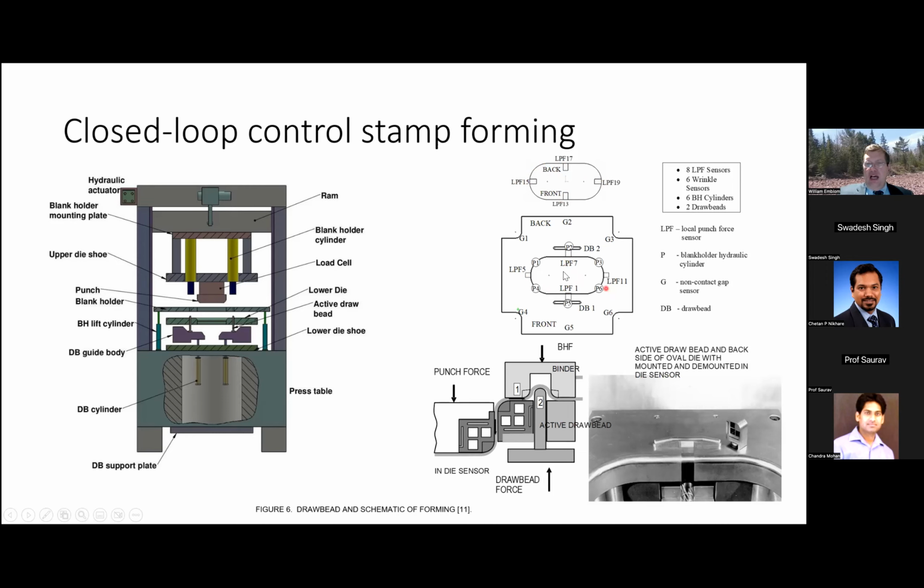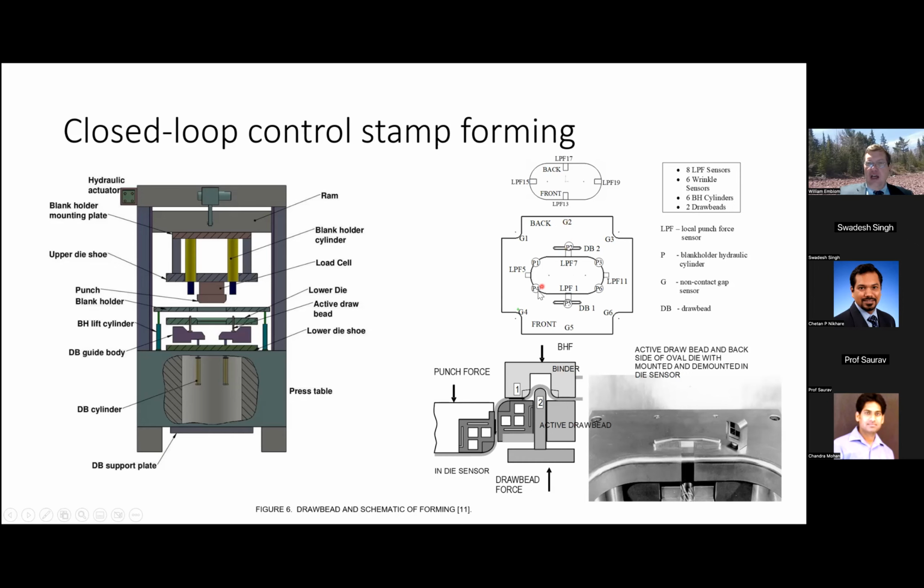We also had non-contact proximity sensors along the edge here that were located to avoid interference between the blank holder and the tooling, so that way we would not damage the non-contact proximity sensors.